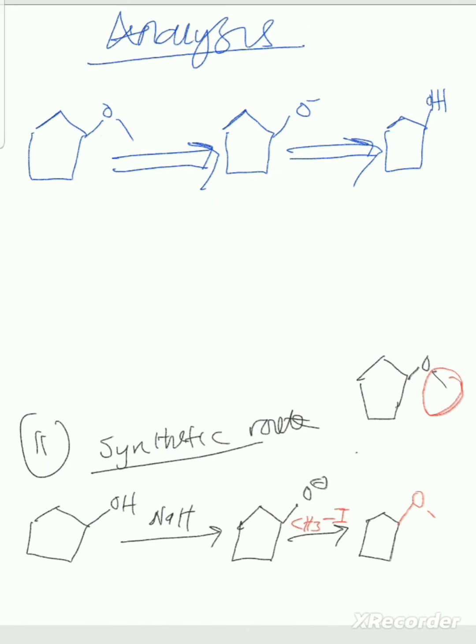So now let's try to see if we are breaking a bond between what atom and what atom, or we are forming a bond. This here is the synthetic part.